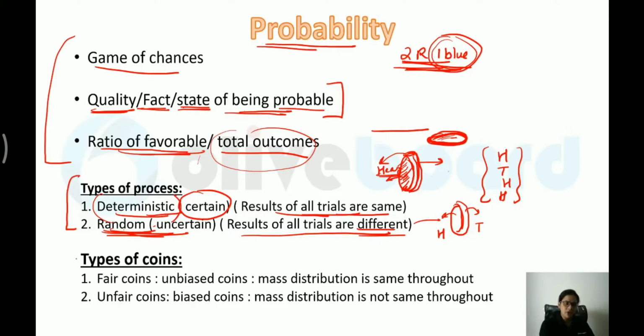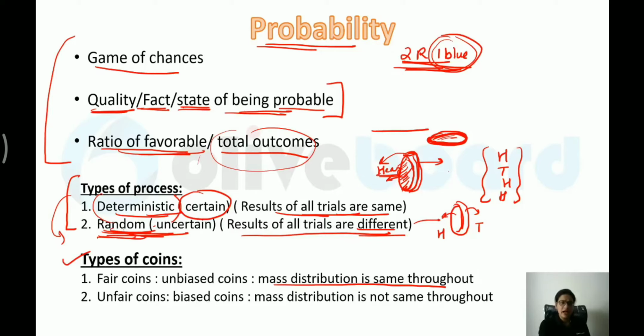Okay, now there are two types of coins which will come from this. This can also come in the definition. If you are doing a toss or a random process, it is very important that the coin should be a fair coin. What is the meaning of a fair coin? The mass distribution should be the same throughout the coin. So when you are throwing it, you should be getting any output.